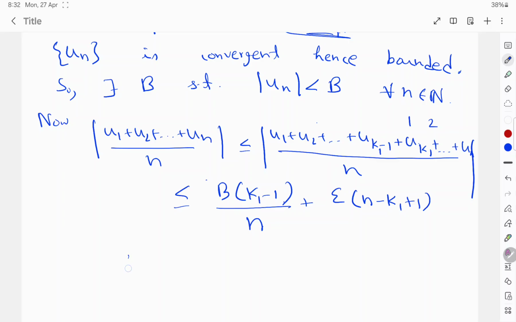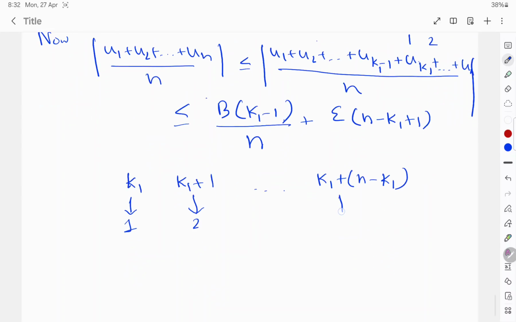In this way you can take k1 is counting 1, k1 plus 1, this is counting 2. So in this way you can think your final term will be n minus k1, right? In this way you are getting actually n. So this counting will be what? You see, 1 corresponding to 2, right? 0 corresponding to 1. So here this will be corresponding to n minus k1 plus 1, right? So in this way you are getting this.